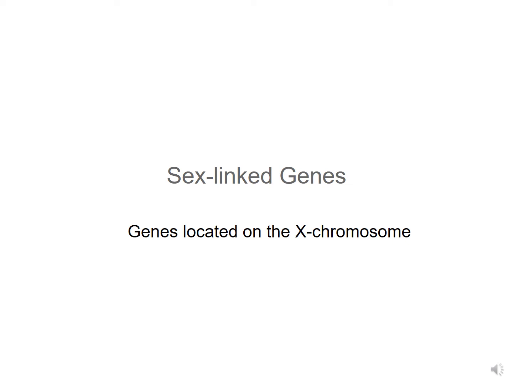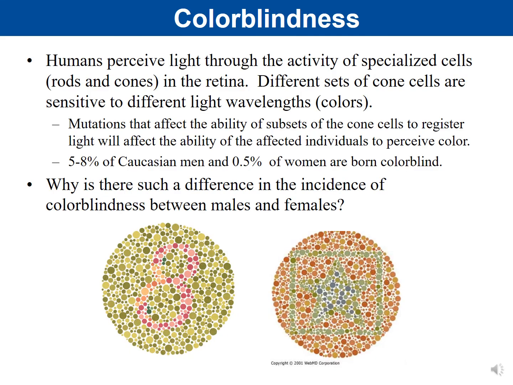So we need to move on and talk about sex-linked genes. Humans perceive light through the activity of specialized cells referred to as rods and cones in the retina. Different sets of cone cells are sensitive to different wavelengths of light, which allows us to perceive different colors.